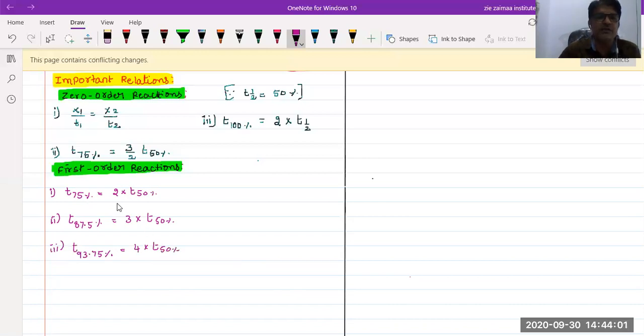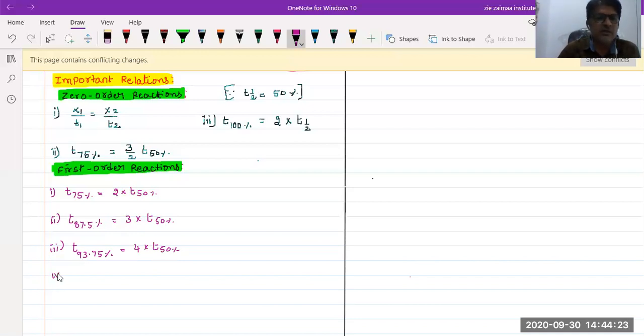Please do remember this. For 2 into t half for the first order, it is 75%. Questions can be given in reverse manner also. Suppose 3 into t half for the first order, how much? 87.5%. 4 into t half is equal to 93.75%.